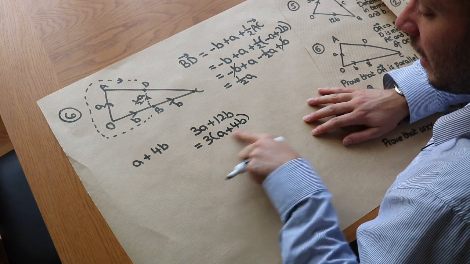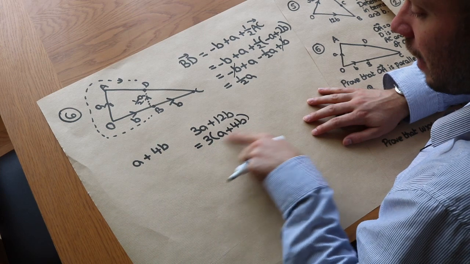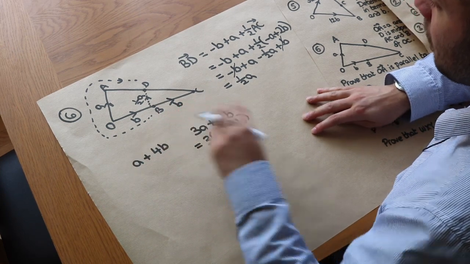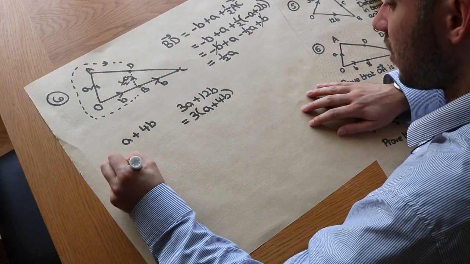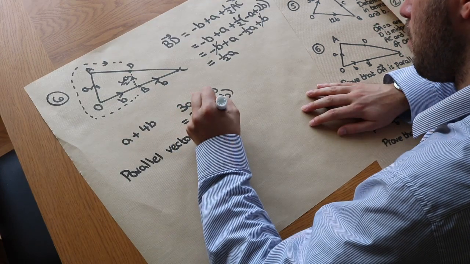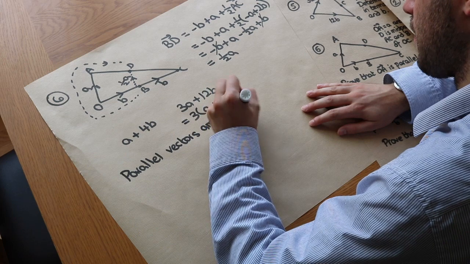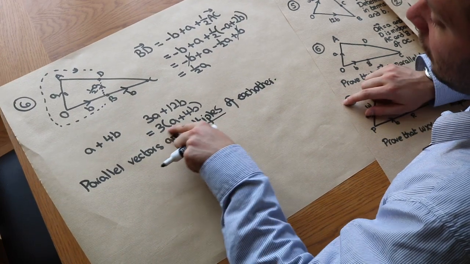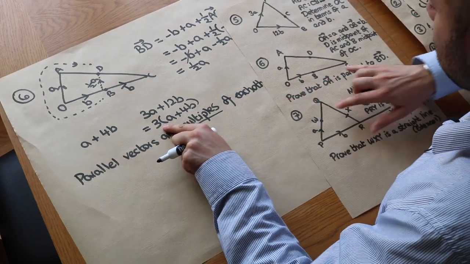That's clearly a multiple of this because this is 3 times that. So if they're a multiple of each other, then they're parallel. Parallel vectors are multiples of each other. And that's the magic word you should use, multiple of. You often need to factorize that number out to show that one is a multiple of the other.